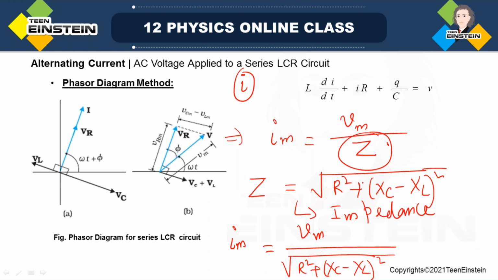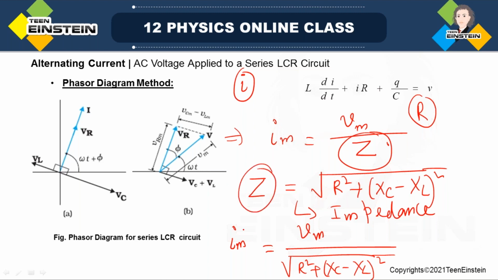Impedance is the equivalent resistance in the AC circuit. In your DC circuit resistance is R, but in your AC circuit there is something that resists the current, and that is impedance, which is equivalent to resistance in your DC circuit.